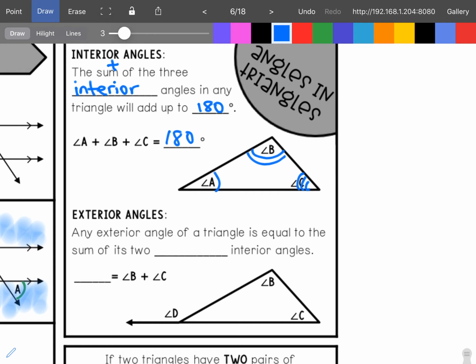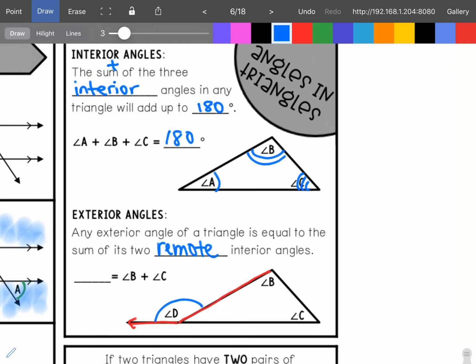The exterior angle, so if we're looking at this angle right here, formed by this right here, that's an exterior angle. It's outside of the triangle. Any exterior angle of a triangle is equal to the sum of its 2 remote interior angles.